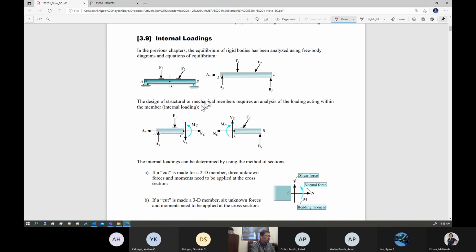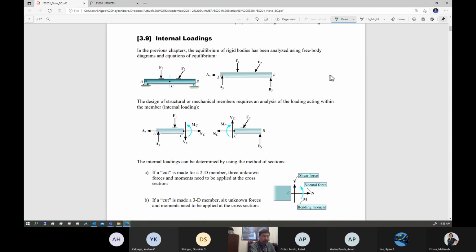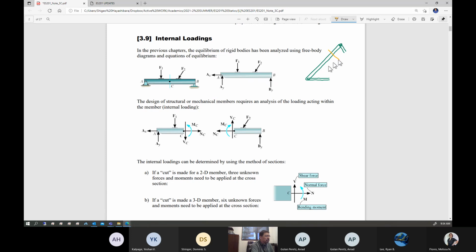So internal loadings we already looked at. Remember, we had very good, very healthy discussions when we tried to solve trusses. A truss is actually a very simple two-force member. Do you remember this? So here's a truss, something like this. The method of sections basically allows you to cut just about anything, or maybe you can cut two locations of this particular member.